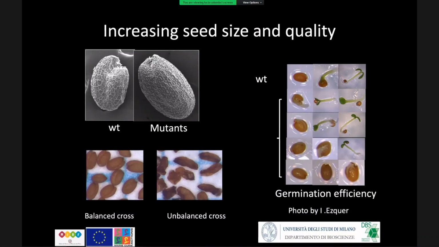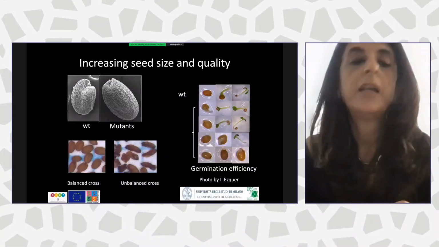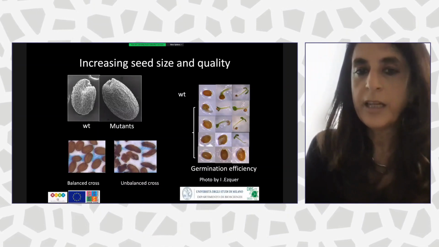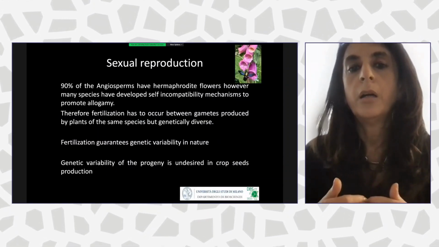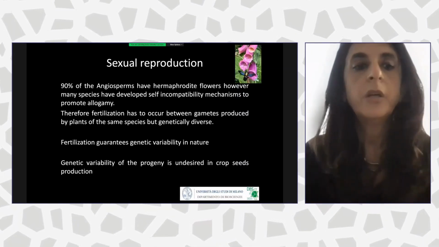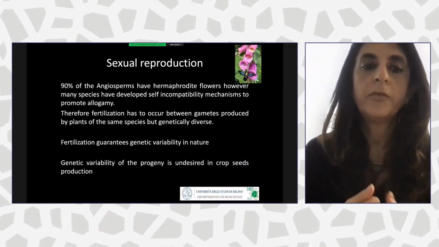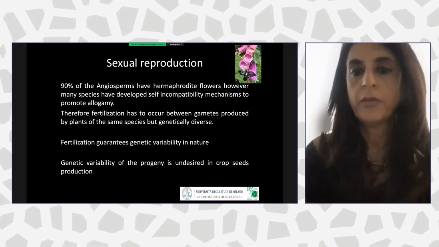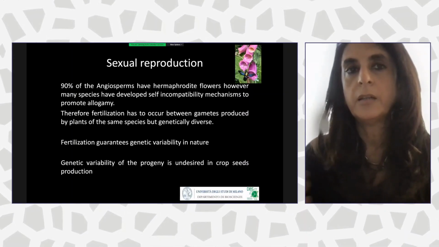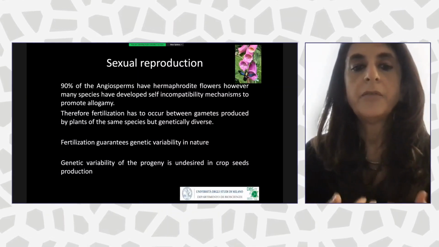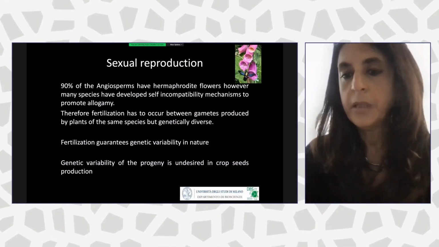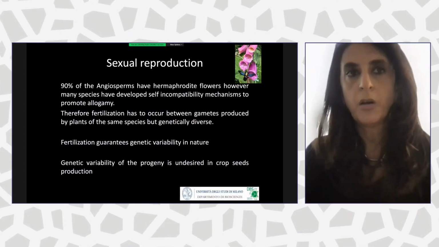All these examples that I brought to your attention are mainly coming from sexual reproduction. You have to keep in mind that 90% of the angiosperms have hermaphrodite flowers. So in principle, they can self-fertilize. However, many species have developed self-incompatibility mechanisms to promote allogamy.